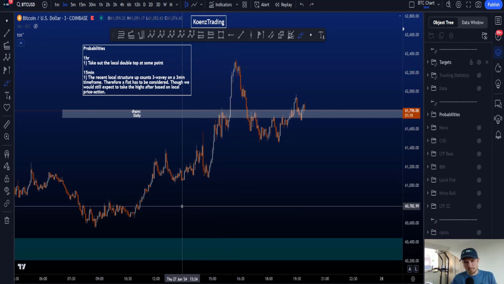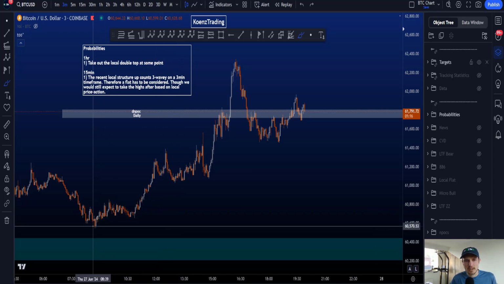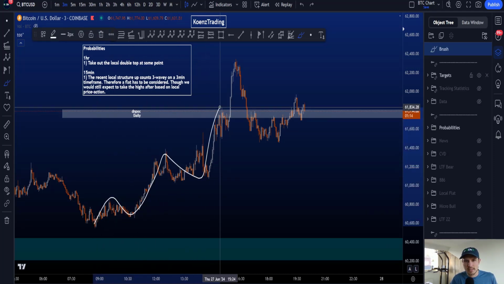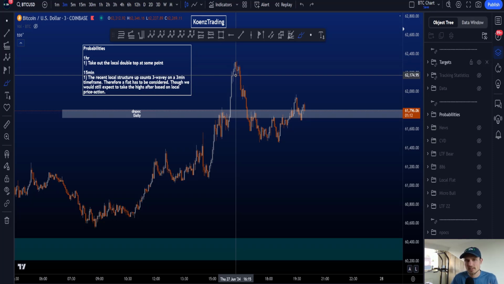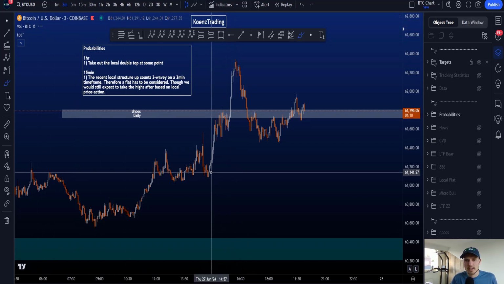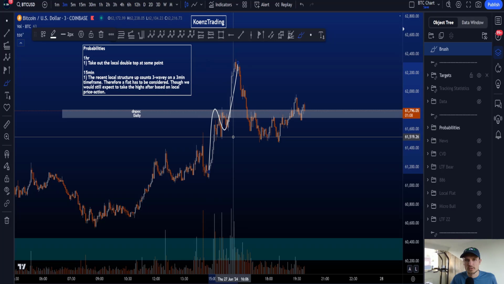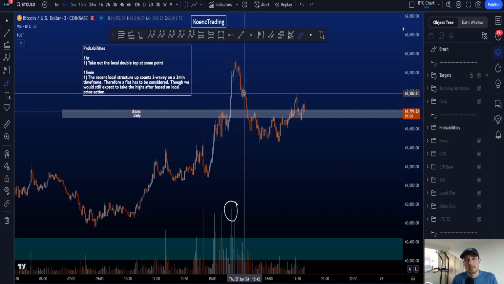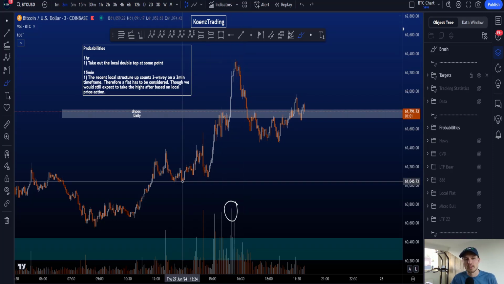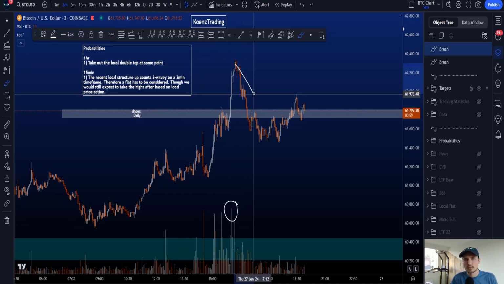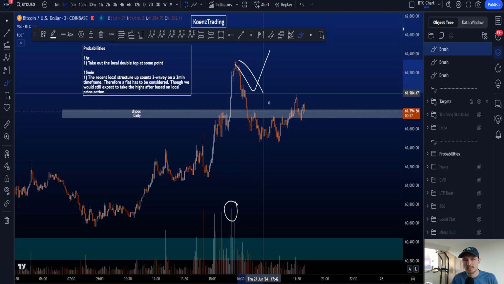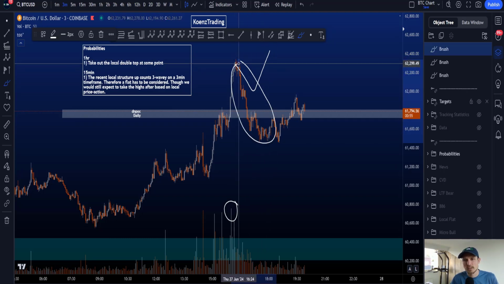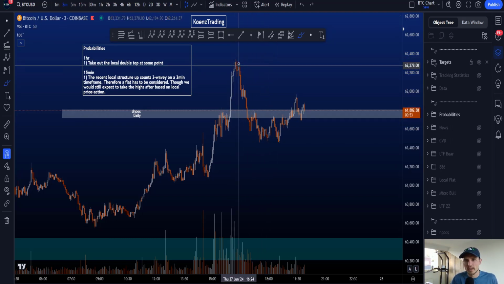So therefore, the probabilities are there for a W, an X, and then a Y, a double zigzag to the upside, ending with a clear 3-wave structure to the upside, and also ending on a high amount of volume. And if we are looking for an impulsive structure, then preferably we see another wave 4 and another wave 5. But price has dipped too far to the downside to now be considered a wave 4. So this is something that we do at least have to keep in mind.